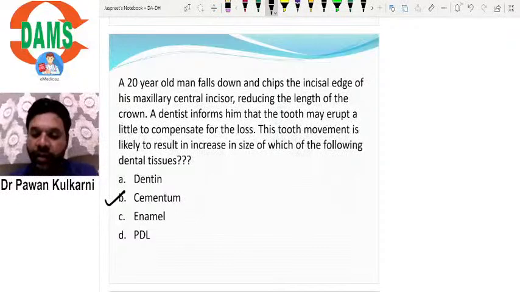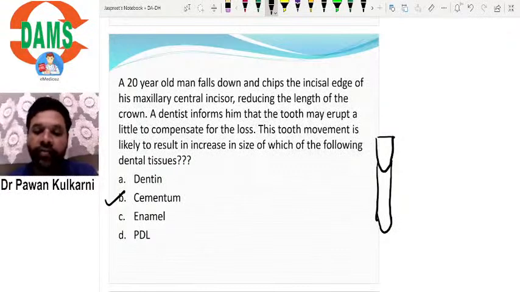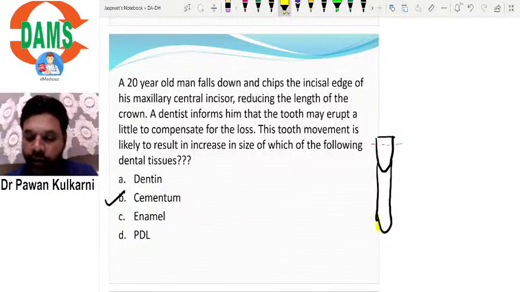For example, if this is the tooth, and suppose this part gets chipped off, there will be deposition of cementum here.